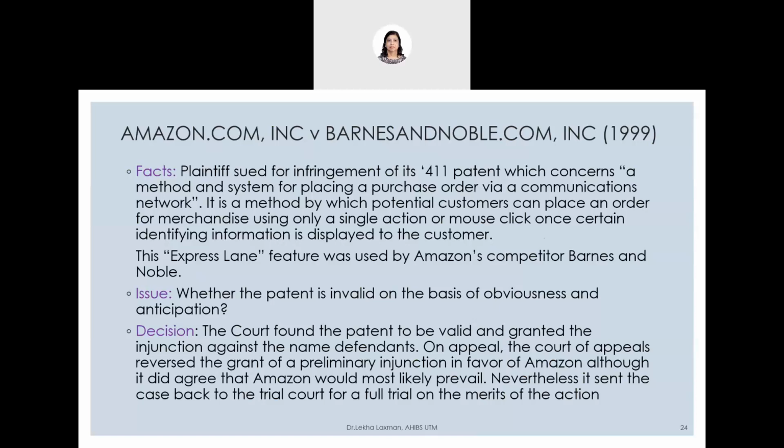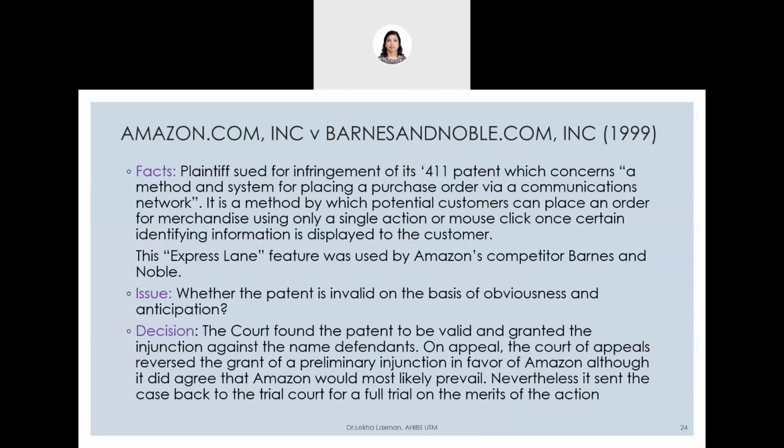All right, but then the defendants appealed to the Court of Appeal, and interestingly enough, Amazon lost that round of the case in the Court of Appeal, and basically it reversed the grant, meaning they took away the grant of the preliminary injunction in favor of Amazon.